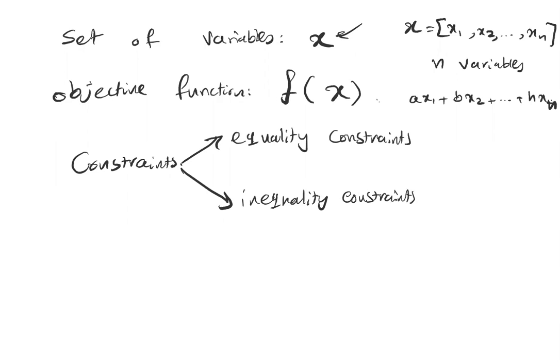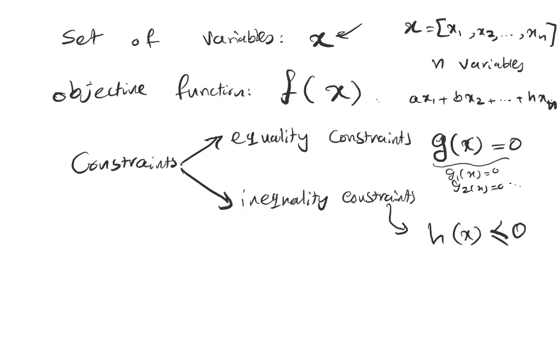So we show equality constraints as g of x is equal to 0, which can be a set of equations that could be g1(x) is equal to 0, g2(x) is equal to 0, and so on. And for inequality constraints, we have h of x is less than or equal to 0. It also could be less than 0 in some cases. Again, this is a set of equations. So it can be h1 of x less than or equal to 0, h2 of x less than or equal to 0, and so on.